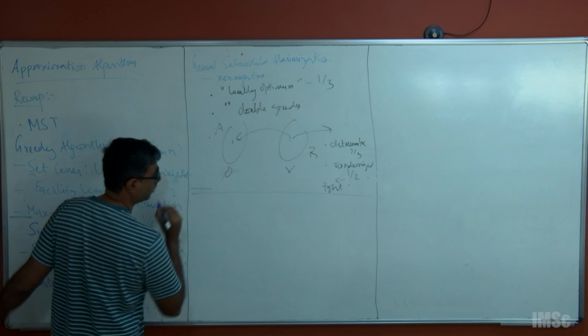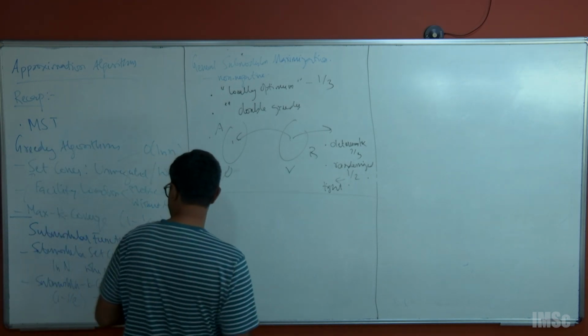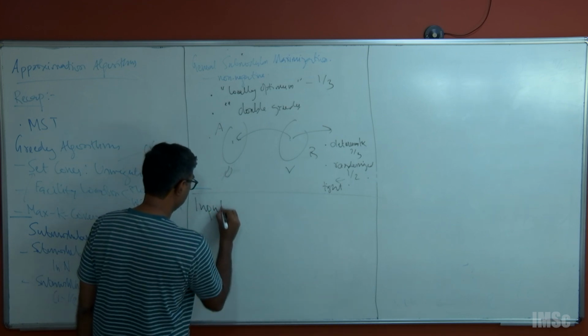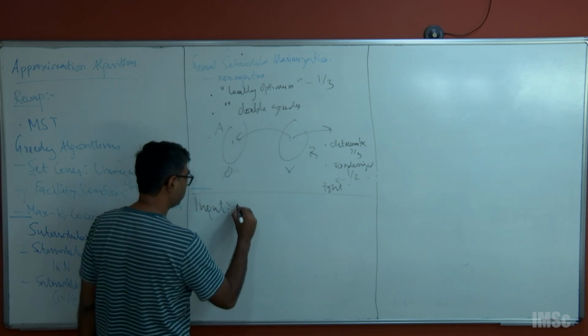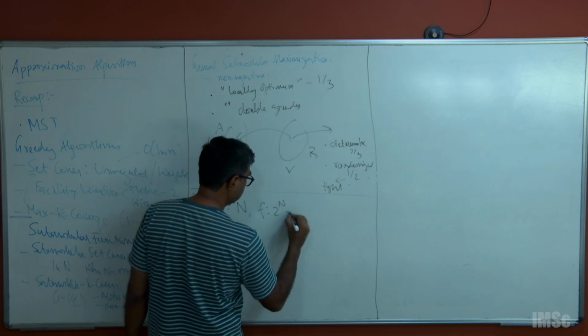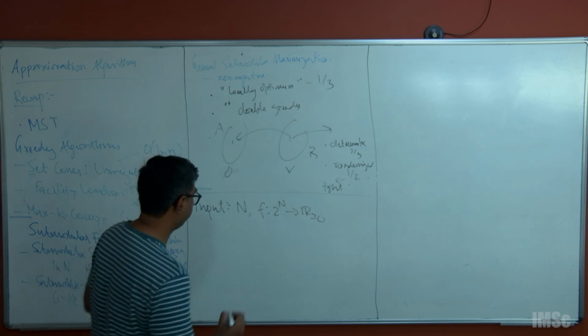There are several other things people study in submodular maximization. So, what was the input of submodular maximization? The input was some n and a function from 2 power n to the reals greater than or equal to 0, and f is submodular.